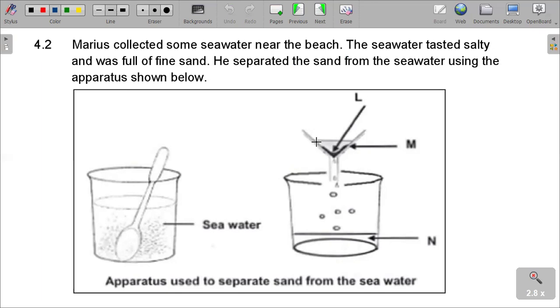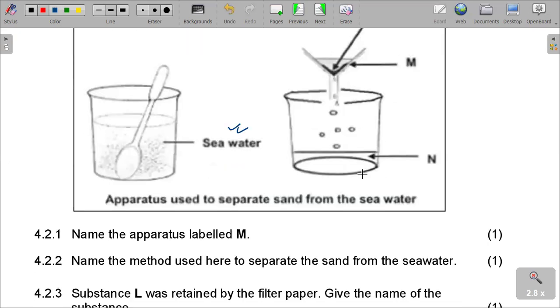Those are the apparatus there, seawater here, and then we have got our funnel, our filtrate, and salt and water, shown there. Apparatus used to separate sand from seawater.